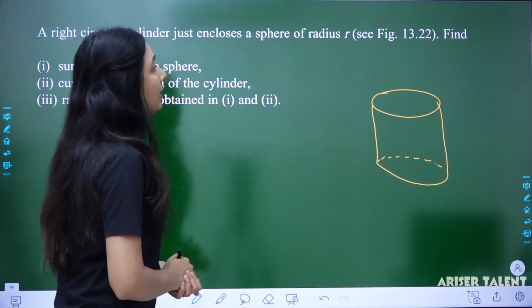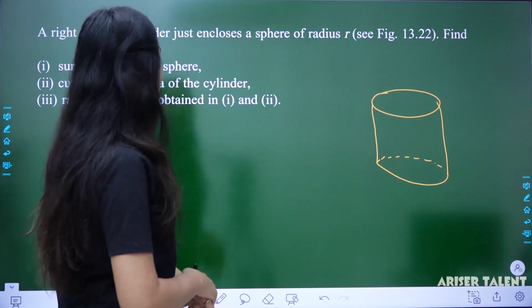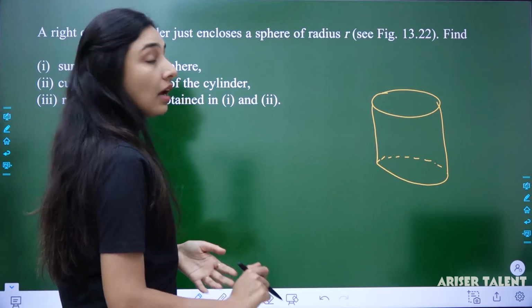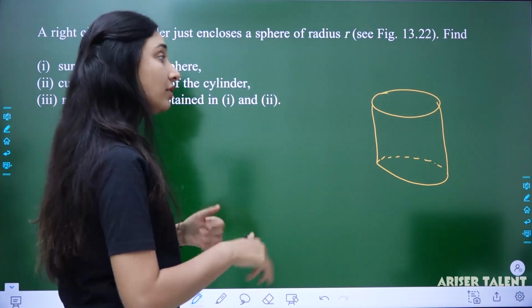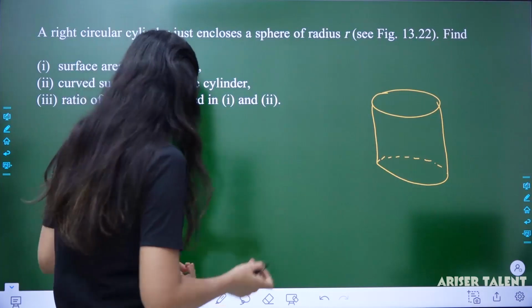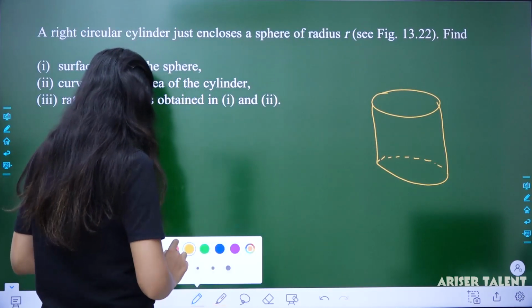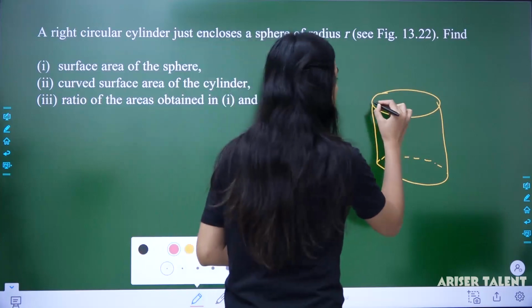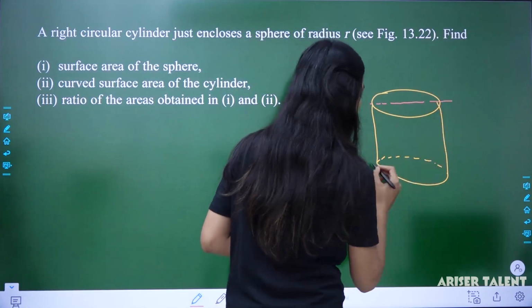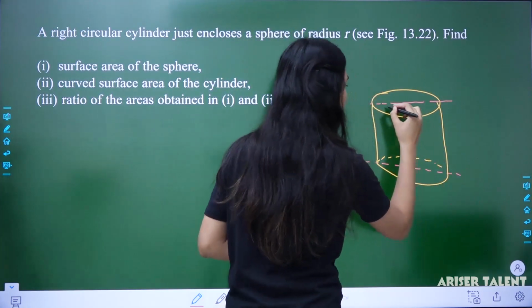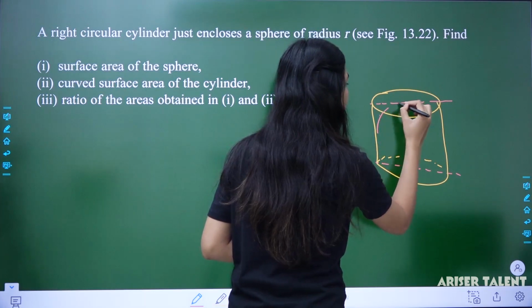One thing. Then the second thing, it encloses a sphere of radius r. That means if this is going to be the sphere, the sphere will be something like that.